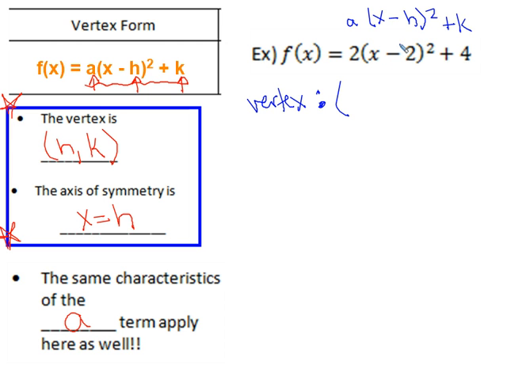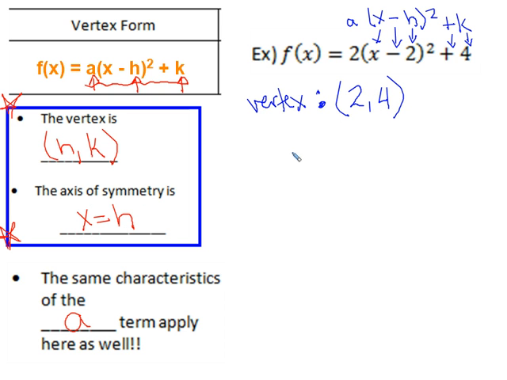We have x minus 2. So the x's match, the negative sign matches, so that must mean that the h is 2. Now over here, the plus sign matches, which means the k must match. The k is 4. So I just found what my h value was, found what my k value was, and there's my vertex. I know that this is the highest or the lowest point of my graph.